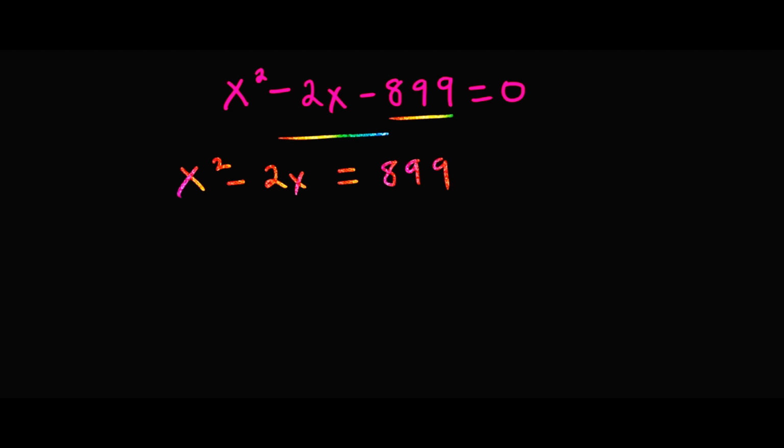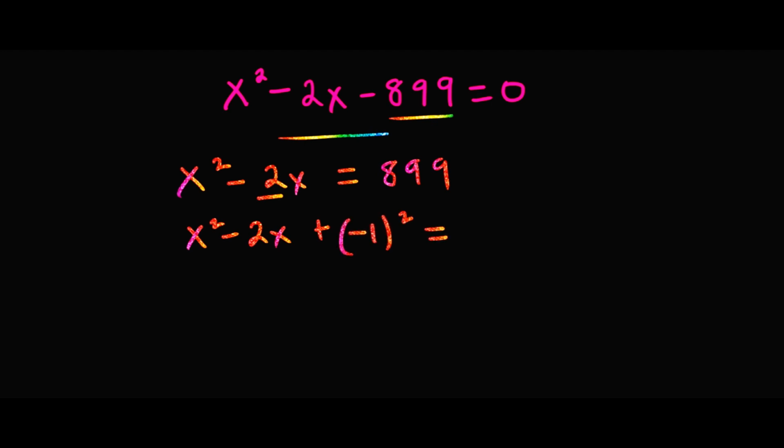Now the left-hand side of this equation is incomplete. So we're going to complete it using the relationship between c and b. So we're going to have x squared minus 2x plus half of b. b is negative 2, so half of that will be minus 1, and we square it.